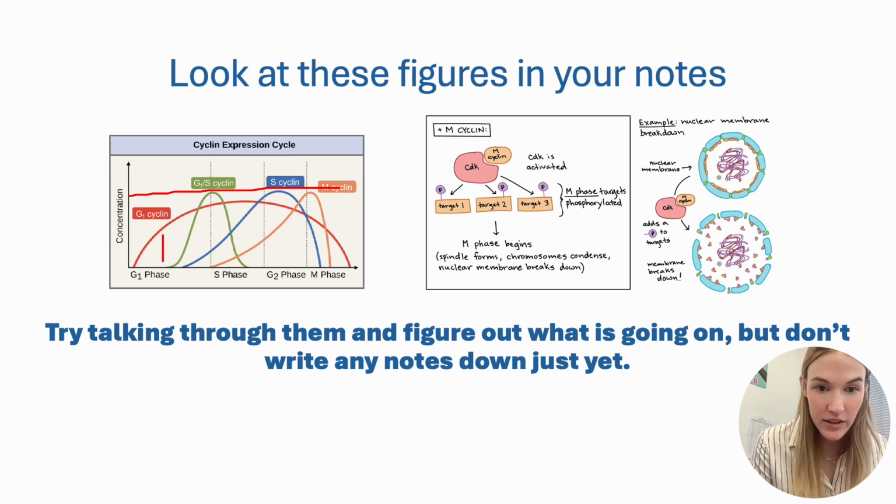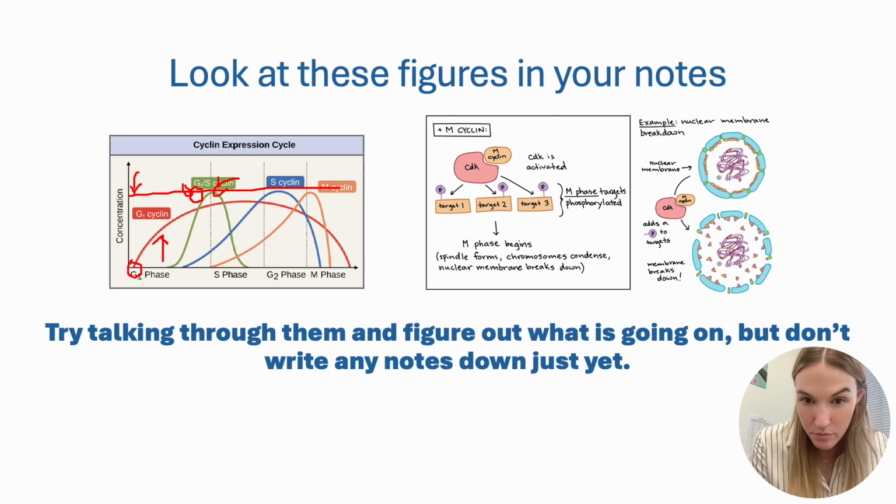So the CDK is only active when the G1 cyclin is there, but when it's not there, even though there is a high concentration of CDK, it's still not active because the cyclin isn't there. Same thing is true here for the CDK that is dependent on the G1/S cyclin. It can always have a high concentration, but it's really only going to be active when the cyclin's at its peak. So we can build up the cyclin and degrade it, and that regulates both the cyclin and the CDK, because the CDK is totally dependent on the cyclin.